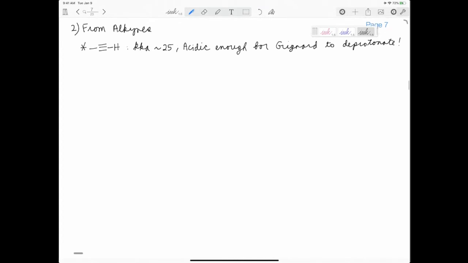Okay, let's look at an example. If I had this plus a terminal alkyne, what happens is that my alkyne would become the Grignard reagent now.